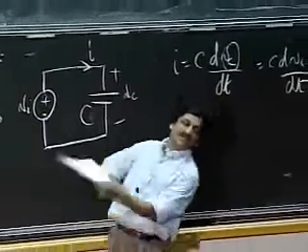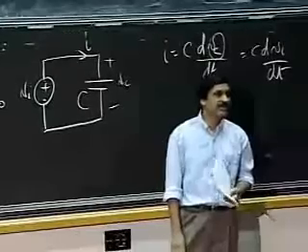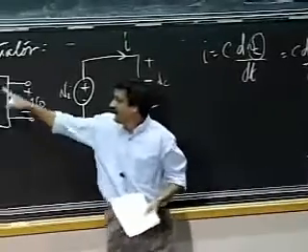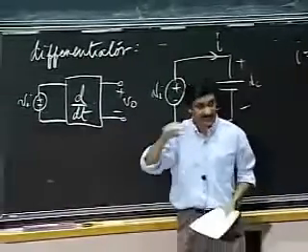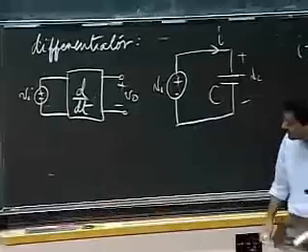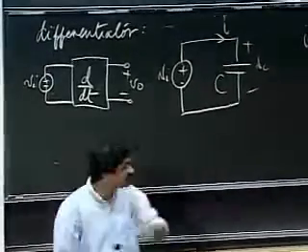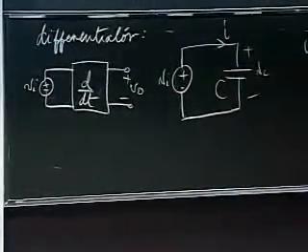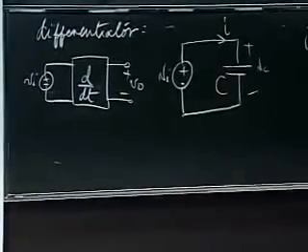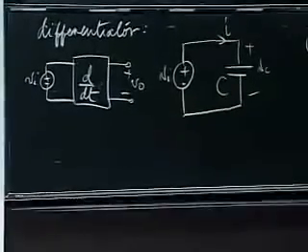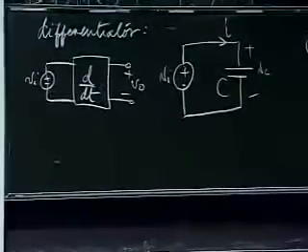Now what I need to do is somehow convert that current into a voltage, because the abstraction that I need is voltage to voltage. So the next step is to somehow convert a current to a voltage. How do I go about doing that?